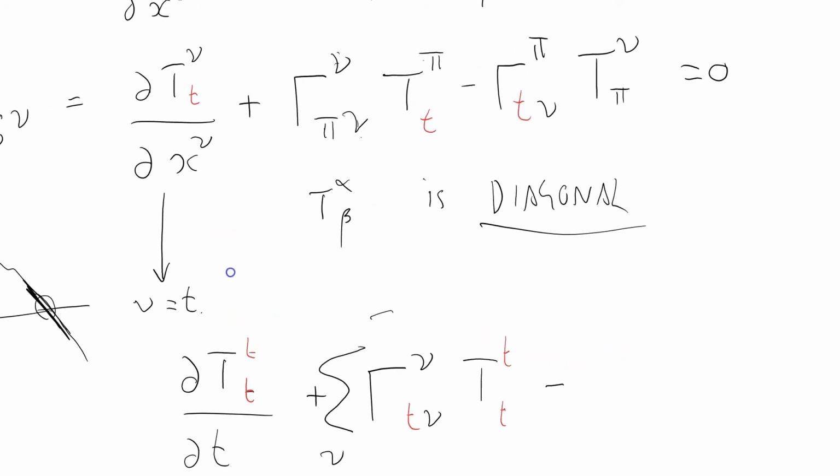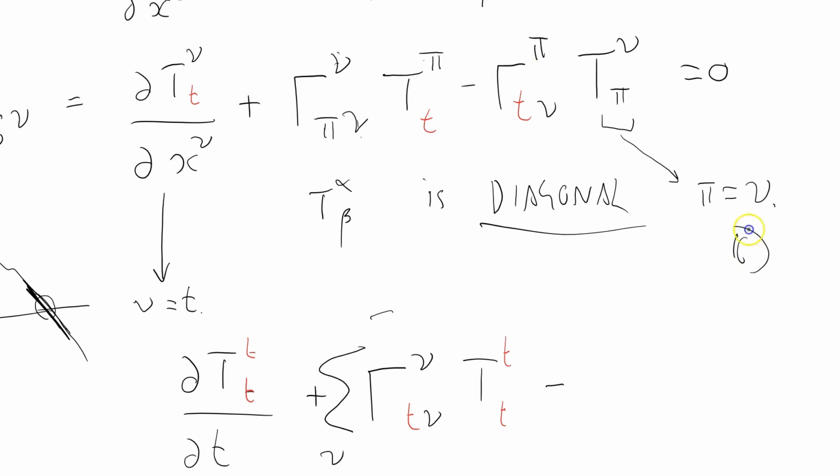Minus. This one's a little bit trickier. This restriction here, because it's diagonal, specifies that pi equals nu. So when I do the summation, there's two summations here. There's an implicit summation in nu and an implicit summation over pi. But I don't really need all that work.